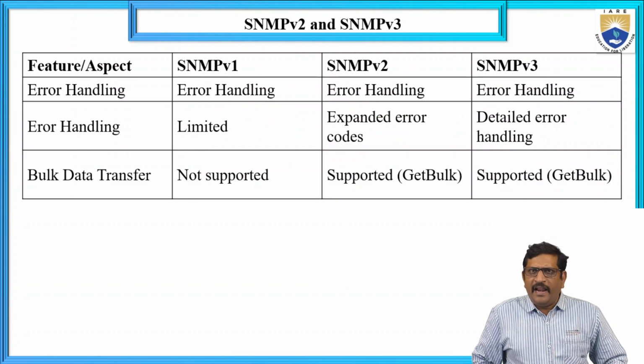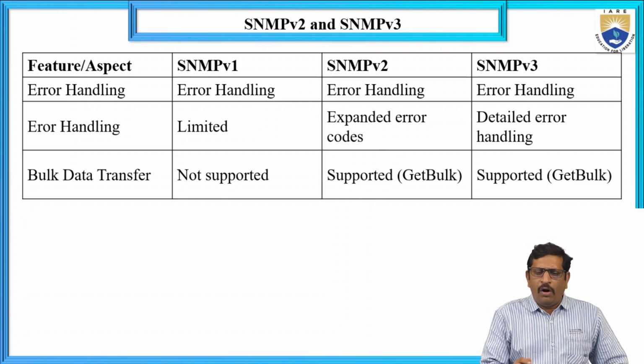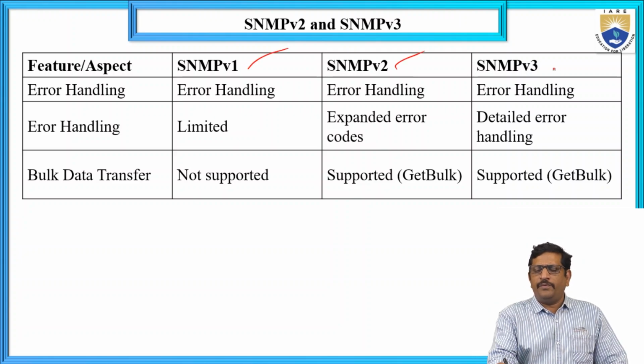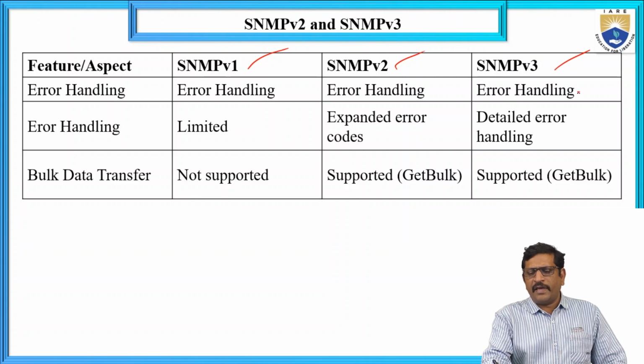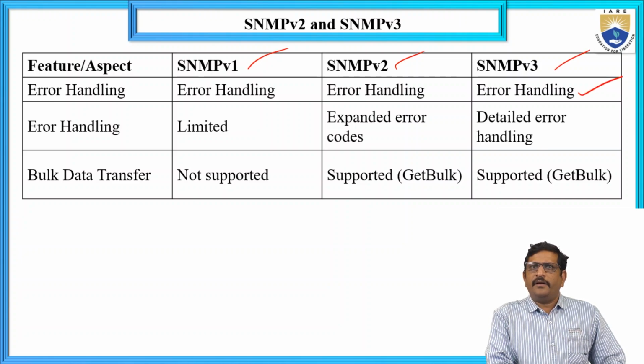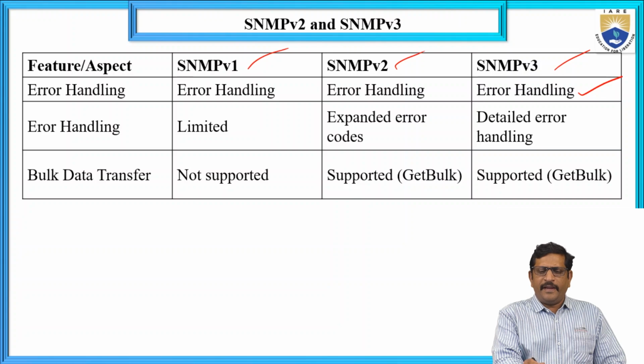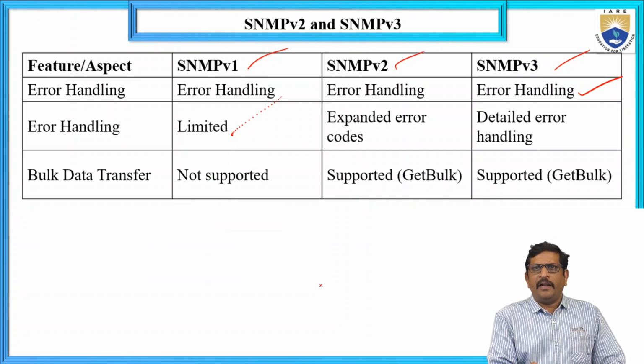Error handling. Errors can be handled in all of SNMPv1, v2, and v3. But in SNMPv1, only limited errors can be handled.